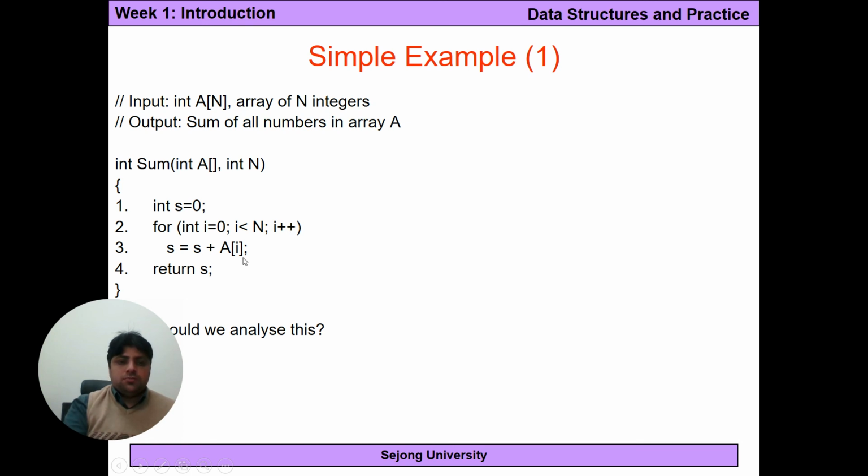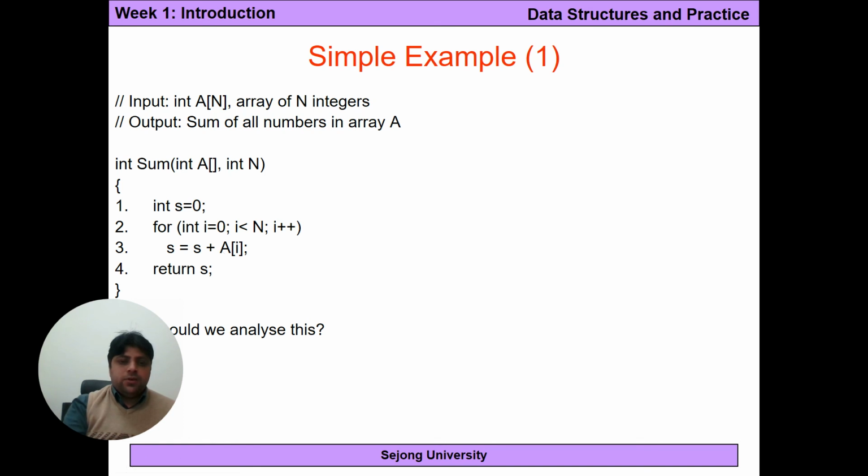So here on every iteration, what is our target or required output? Basically, the sum of all the numbers in array A. So we have the array A, and we have to do the sum of all the numbers.